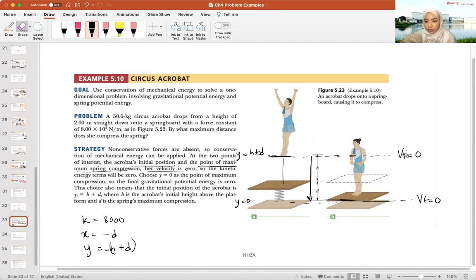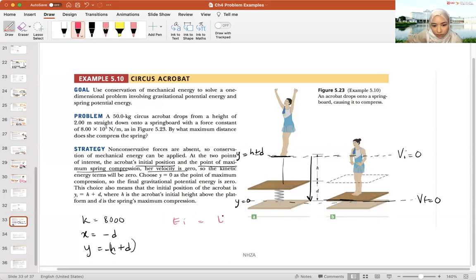So this is V initial 0. When I'm just about to jump, my kinetic energy is not there yet. V equals 0. When I reach the bottom, I'm also static, so V is equal to 0. So if I write my equation Ei equals Ef, what terms would I have here?